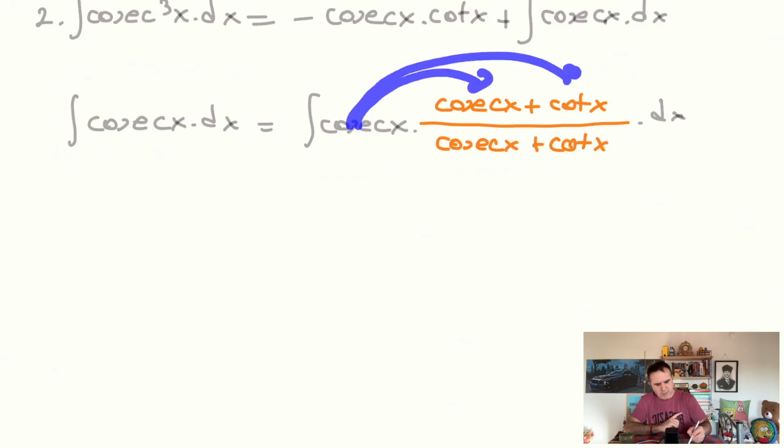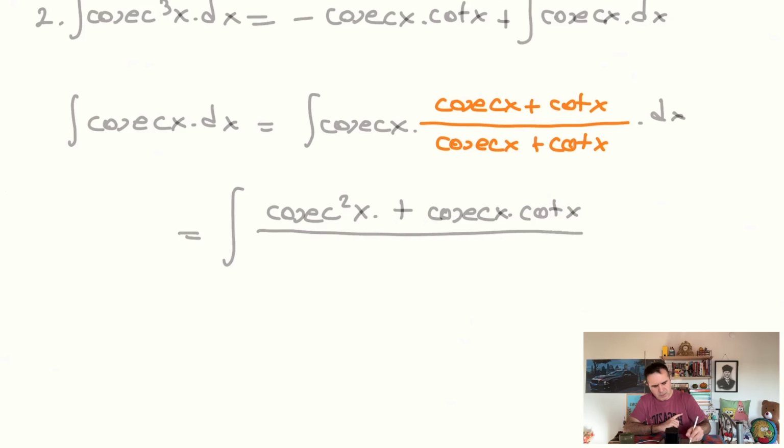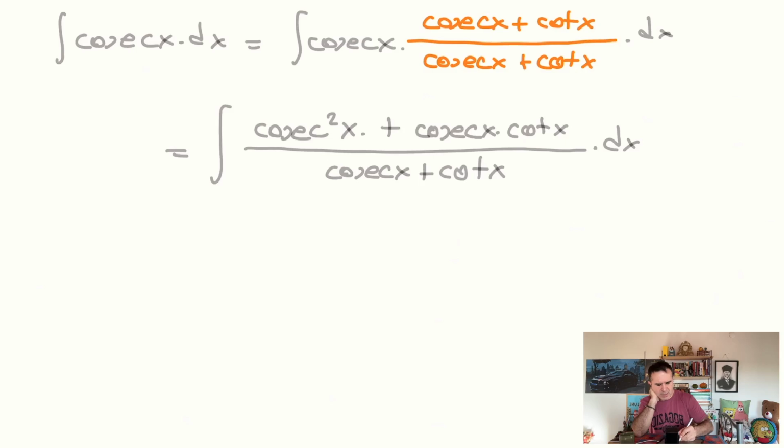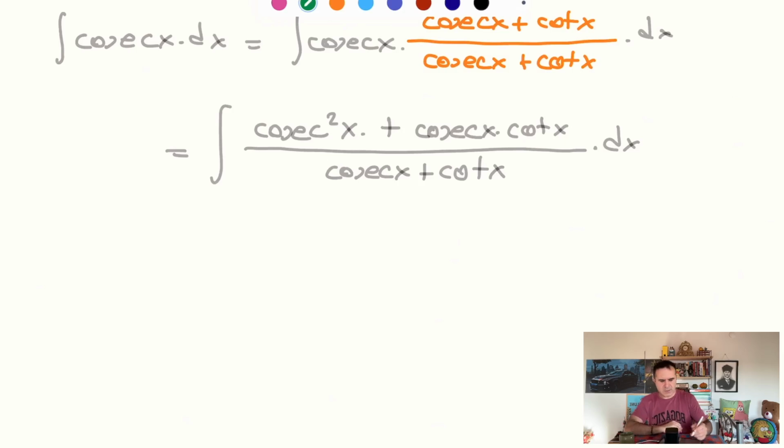We will multiply it by them, and the integral will become integral of cosecant square of x plus cosecant x cotangent x, divided by cosecant x plus cotangent x dx. And since the derivative of cosecant x is minus cosecant x cotangent x, and the derivative of cotangent x is minus cosecant square of x, we will use here the substitution.